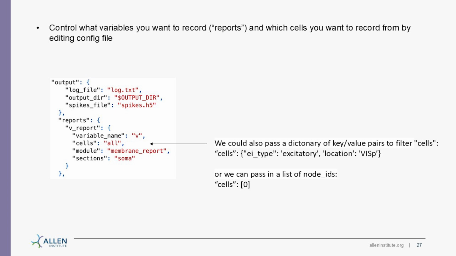All that can be specified here, and it's the same attributes that you use for the add nodes portion of your instantiation. And this is just the name of the variable when you're running the simulation. That's the name that the membrane potential takes in your simulation. Other variables that you can save here, for example, you can save the membrane potential of the synapse, or the intracellular calcium concentration, and all the things that you can do in NEURON or other simulations that you would like to have. You can specify those in here.